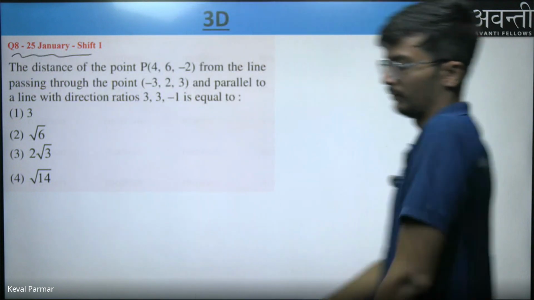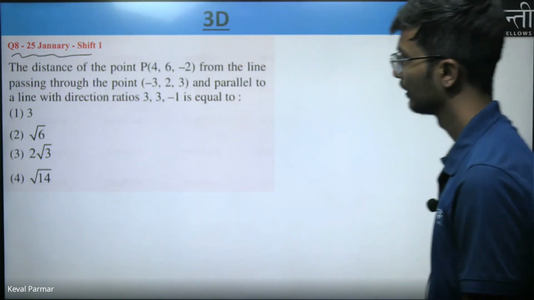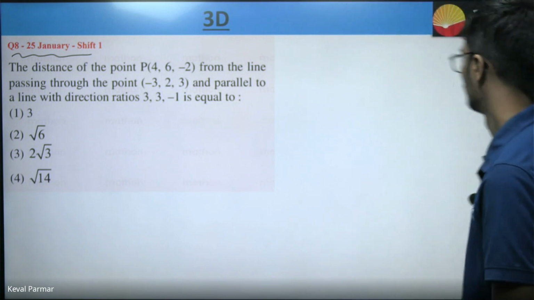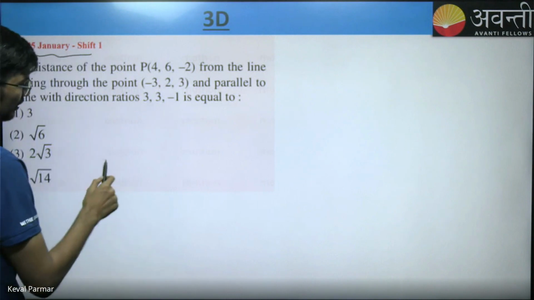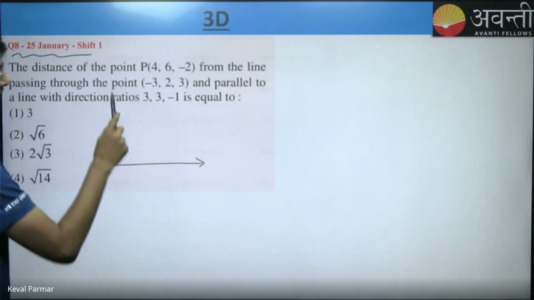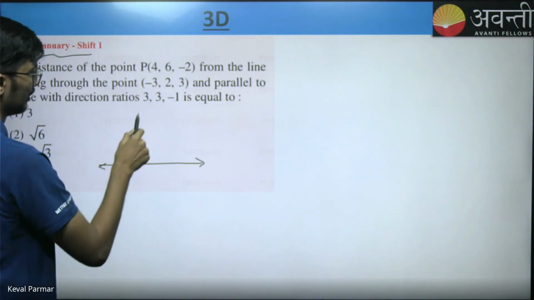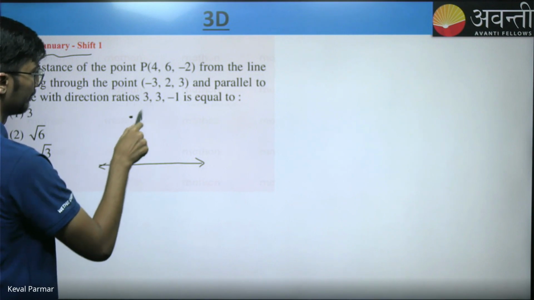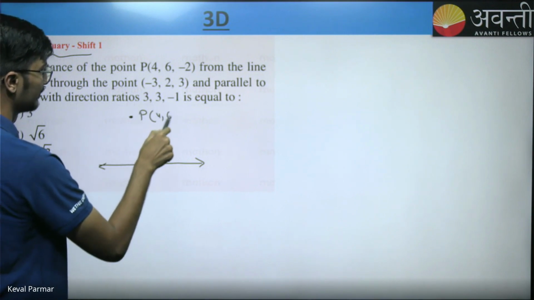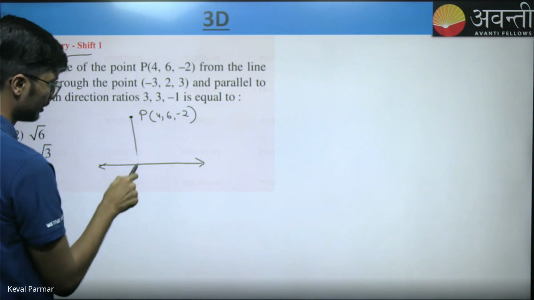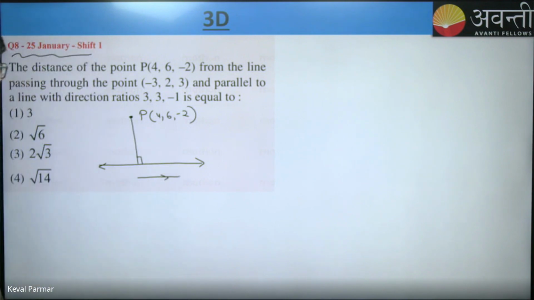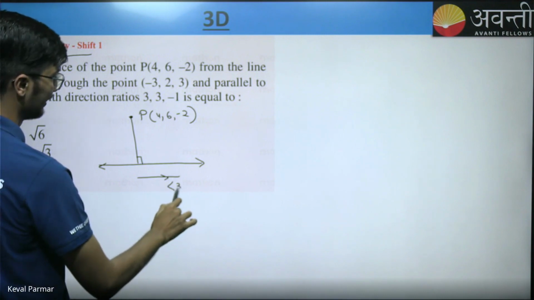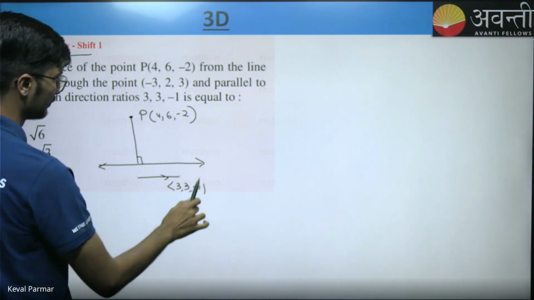25th January, shift 1. Distance of a point from the line through the point and parallel to a given direction. It is very simple, guys. This is the point P, 4, 6, minus 2. You have to find its distance from this line whose DRs are 3, 3, minus 1.